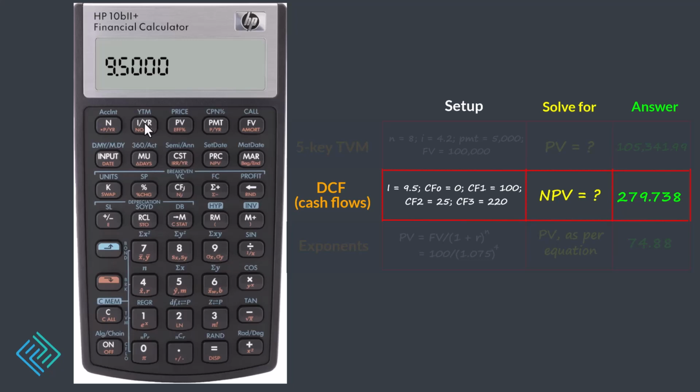Next, enter 0, CF subscript J. Then 100, CFJ for cash flow 1, 25, CFJ for the second cash flow, and 220 CFJ for the last of the 3 cash flows. And solve for net present value using orange shift and the NPV key.